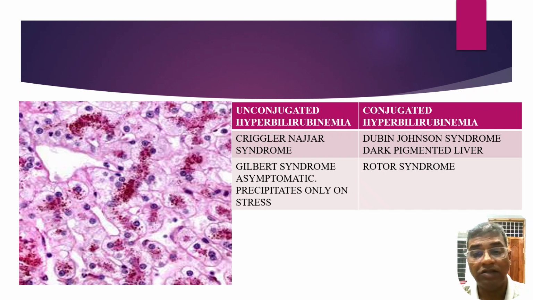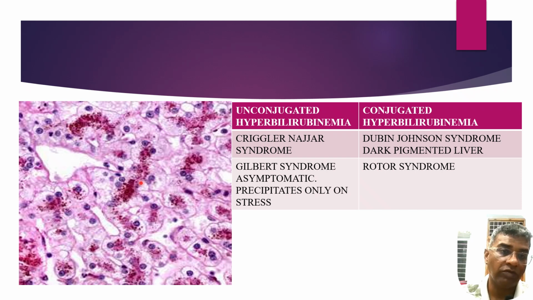Rotor syndrome also comes under conjugated hyperbilirubinemia, but it is a rare one. In the picture, you can appreciate the pigment deposited in the hepatocytes. So this is a dark pigmented liver, and it is stained using special stains.